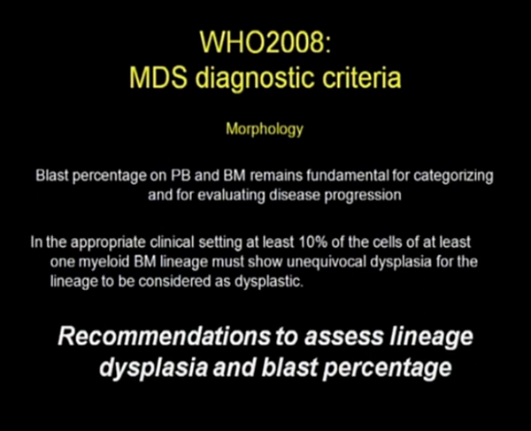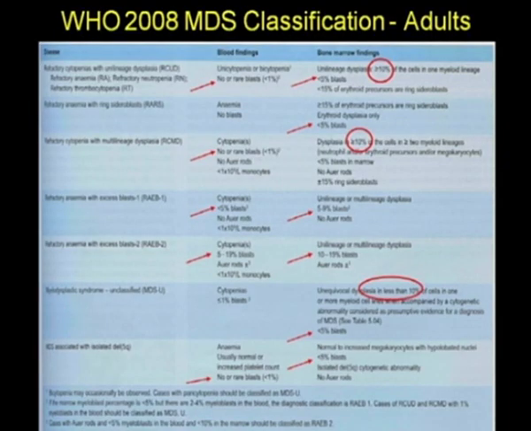Again, we have to enumerate, because to define one lineage as dysplastic, we should enumerate at least 10% of the cells, and we should identify these cells as having unequivocal dysplastic features. So again, we have to enumerate within each lineage.